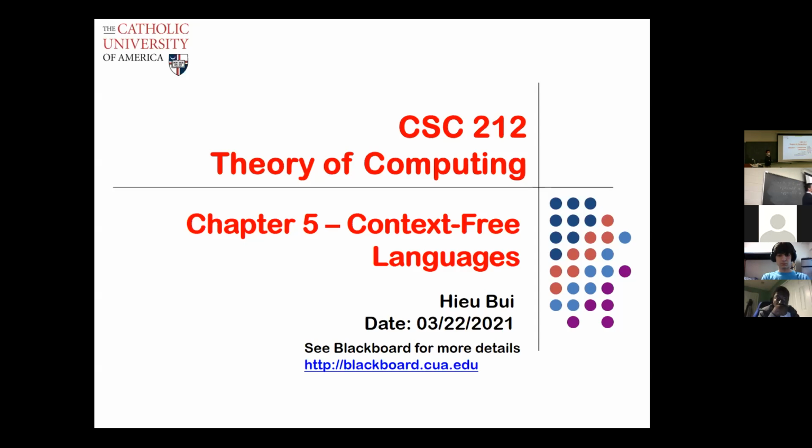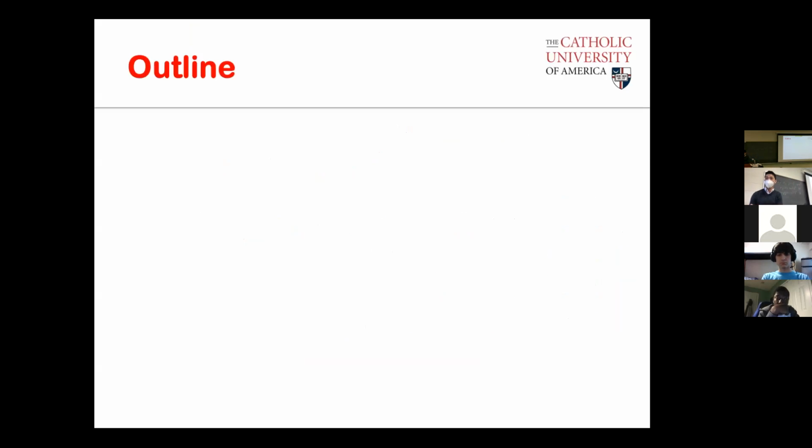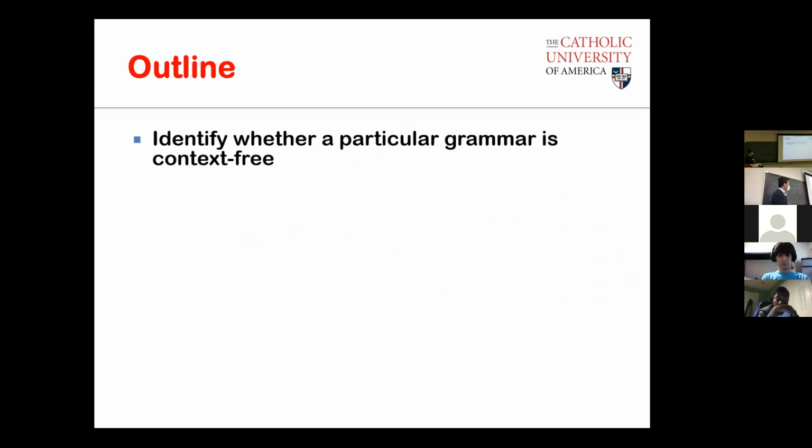Okay. So what is the purpose of the context-free languages? Okay. So here in this chapter, we're going to identify whether a particular grammar is context-free. So again, when we talk about grammar, we talk about language, are they the same? What is the relationship between language and grammar?